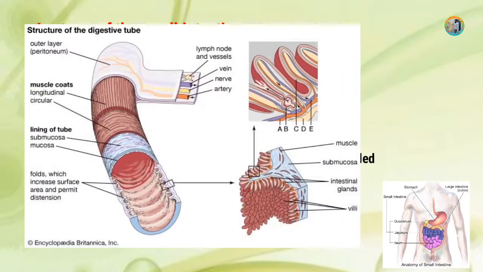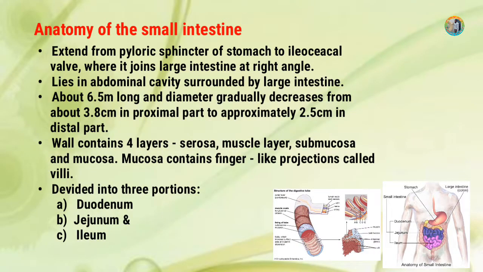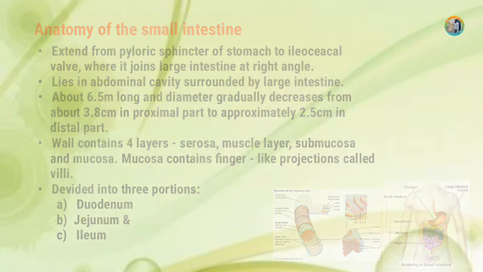The wall contains 4 layers: serosa, muscle layer, submucosa and mucosa. The mucosa contains finger-like projections called villi. It is divided into 3 portions: duodenum, jejunum and ileum.